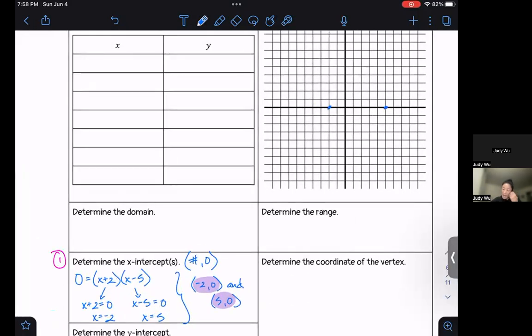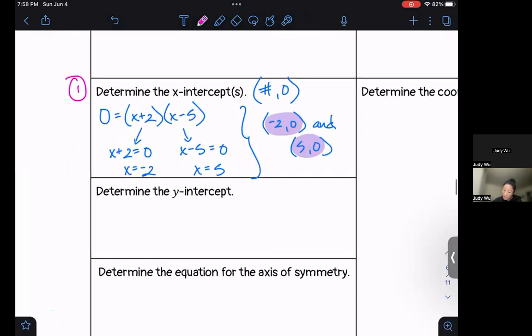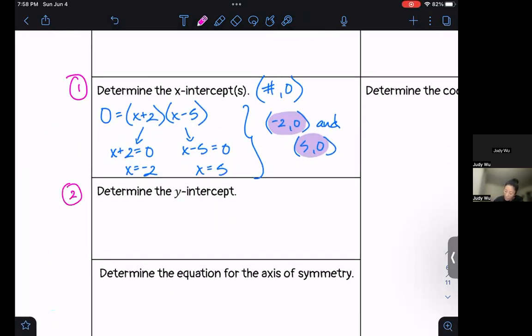All right, now that we've done that, my suggestion is to go ahead and find the y-intercept, and then we'll go from there. So to find the y-intercept, it's plug in 0 for x and get a number out, all right? So y equals 0 plus 2 times 0 minus 5.